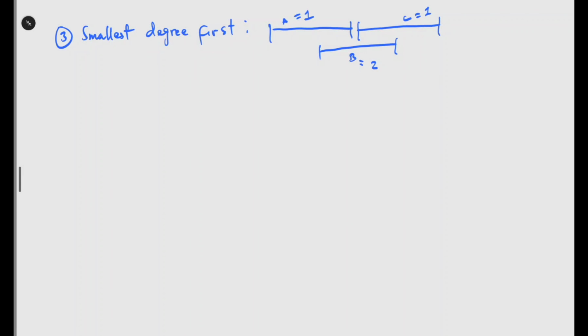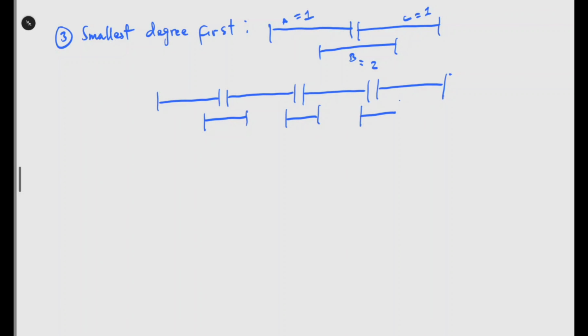But let's paint this scenario. Just take a look at this scenario. Supposing we have these jobs, and we have this one. We have this one also. We have this one. And here we have this. And here we also have this.